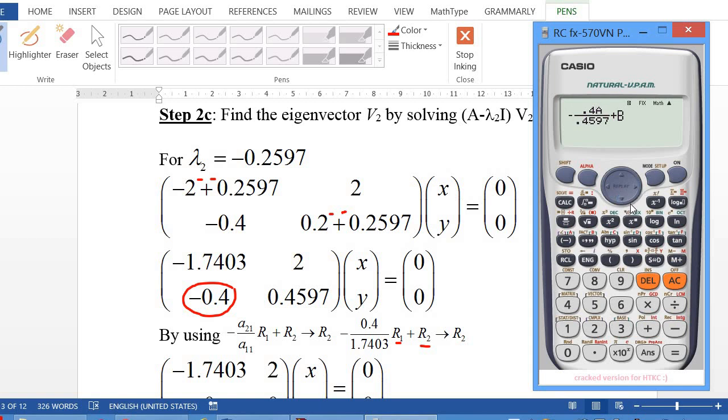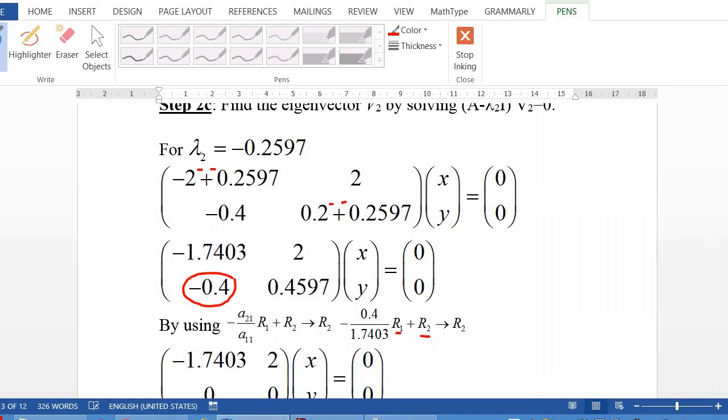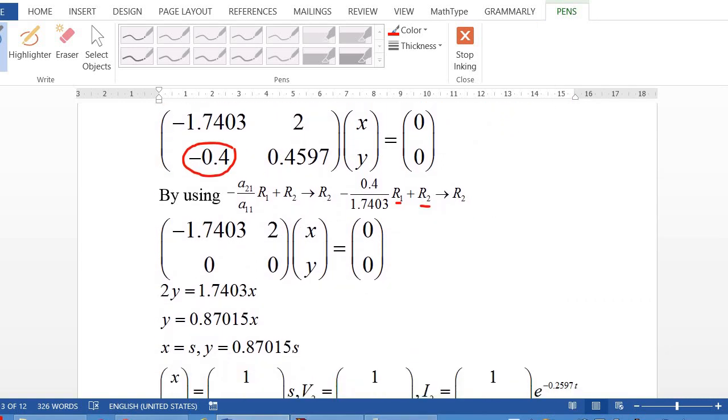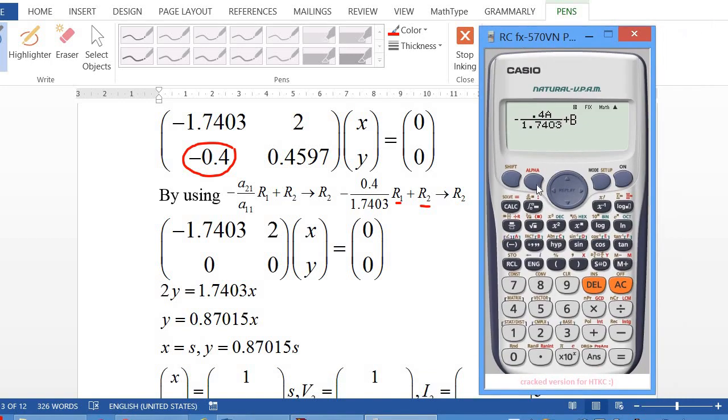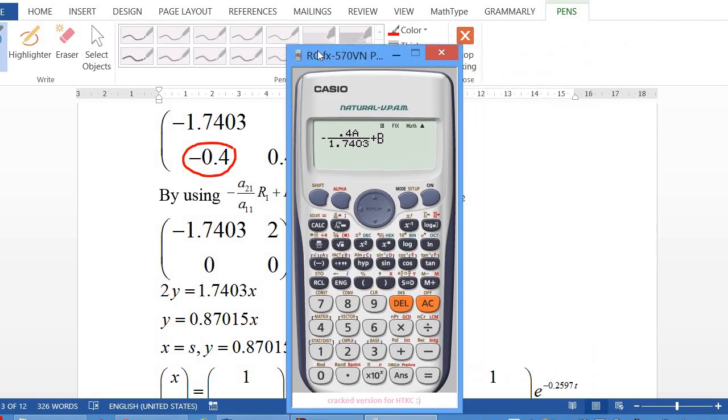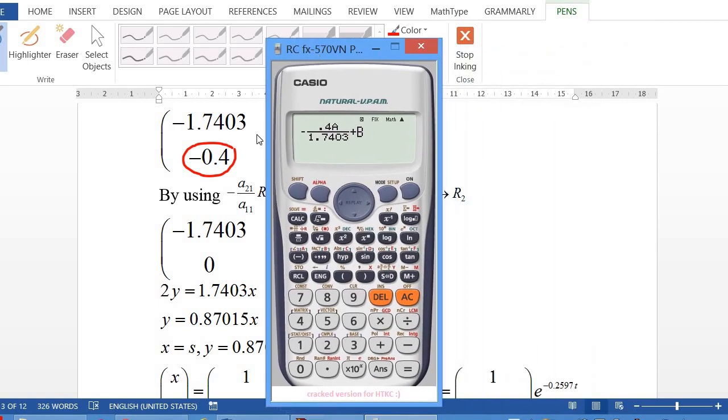Okay, so I just add it because here is 0.4. This one delete. 1.7403. First of all I show column 1. So I calculate, A is row 1. For column 1, row 1 is negative 1.7403.